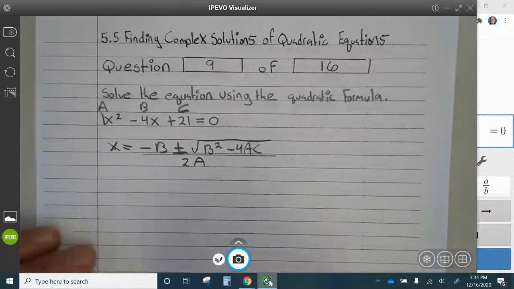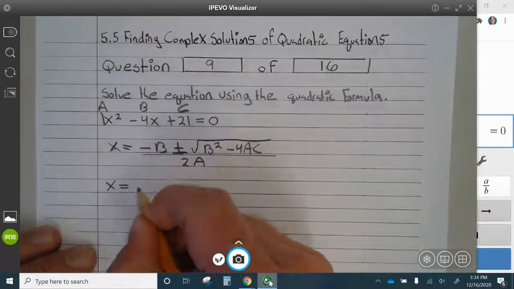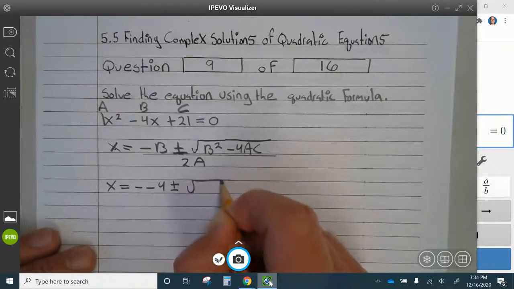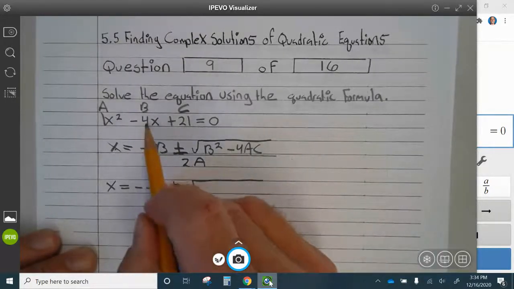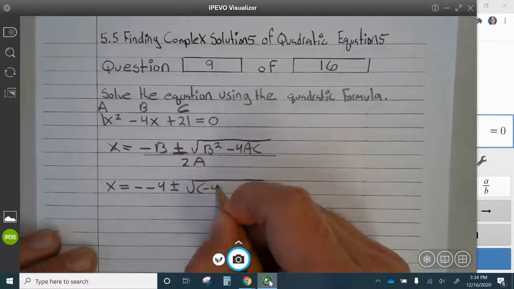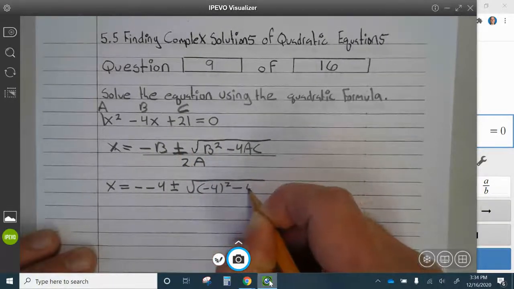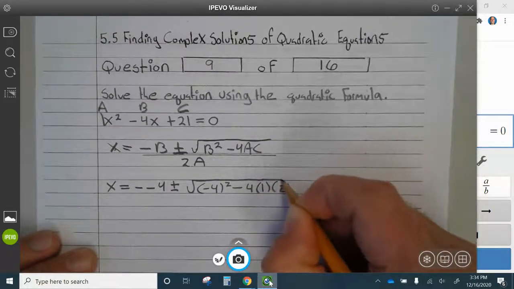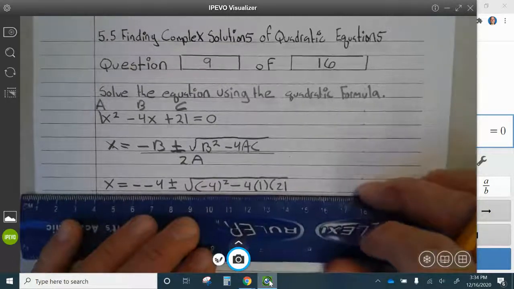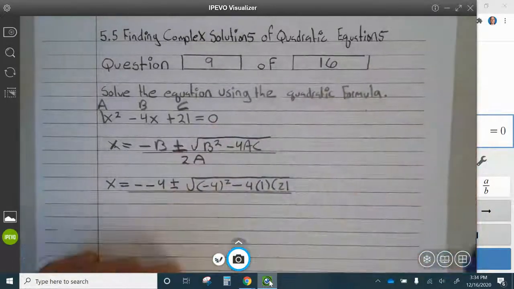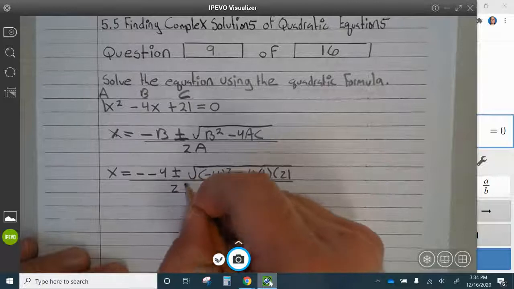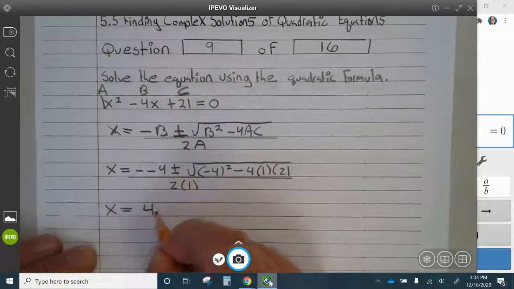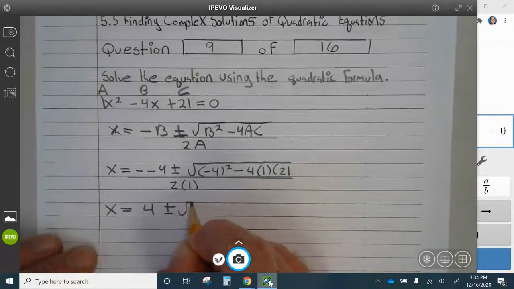Okay, so x equals negative 4 plus or minus the square root. Now, whenever you have a negative b value, it needs to be in parentheses when squared. Negative 4 squared minus 4 times the a value, which is 1, and the c value is 21, divided by 2 times the a value, which is 1. So x equals a negative times a negative is a positive, so 4 plus or minus the square root.